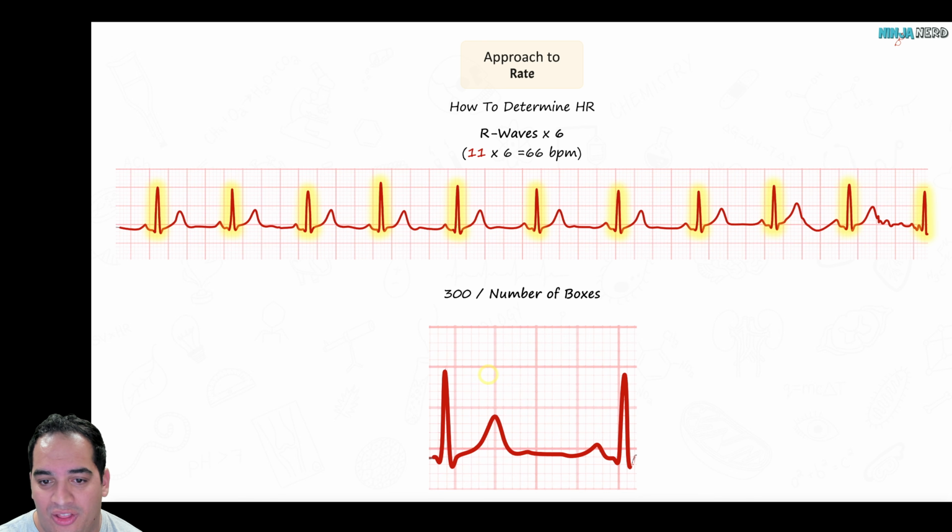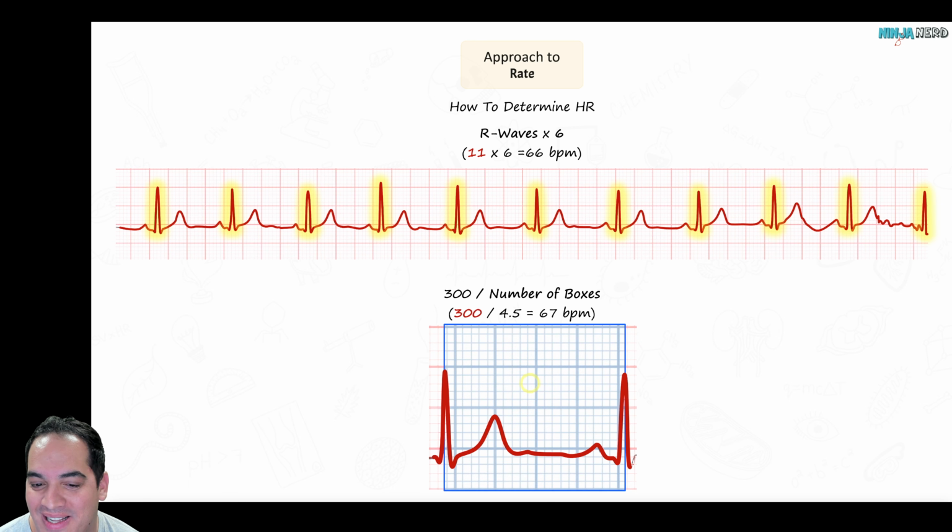So I take 300 and divide it by the number of boxes between one R wave and the other R wave. It's about 4 boxes, but just a little bit more. To be very specific, we're going to say it's about 4.5 boxes, which comes out to about 67 beats per minute. So that's the two ways that you could go about determining the heart rate.